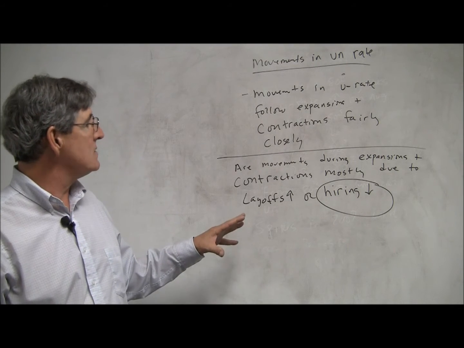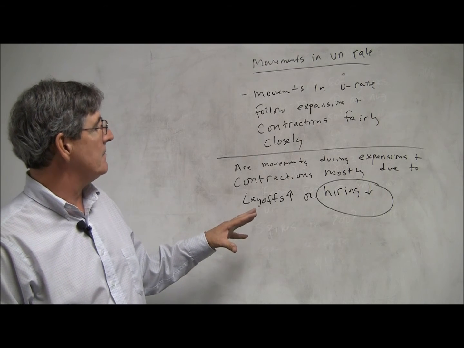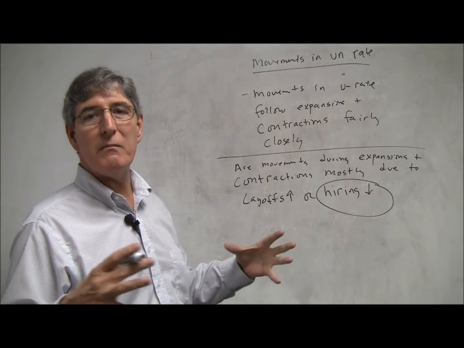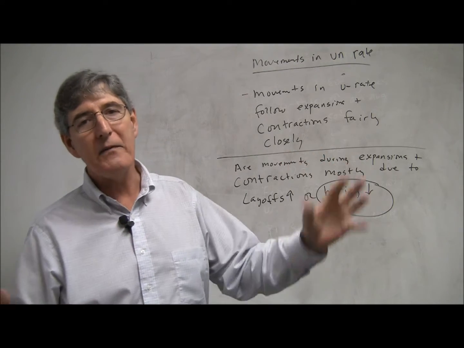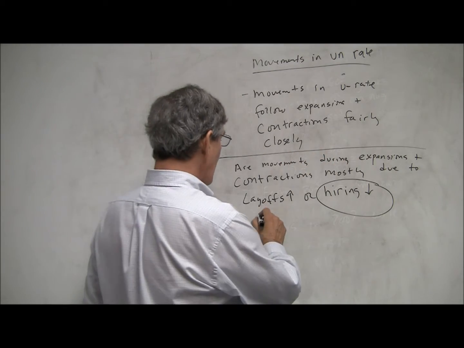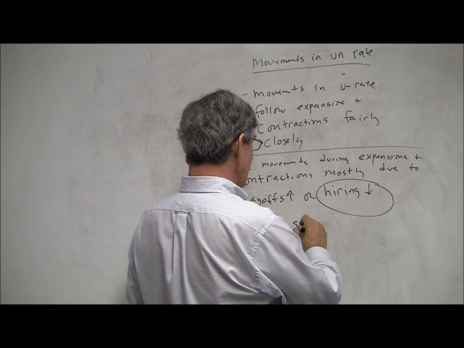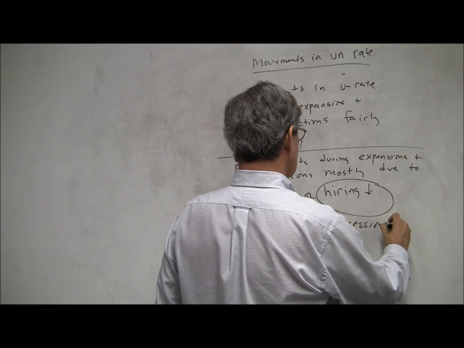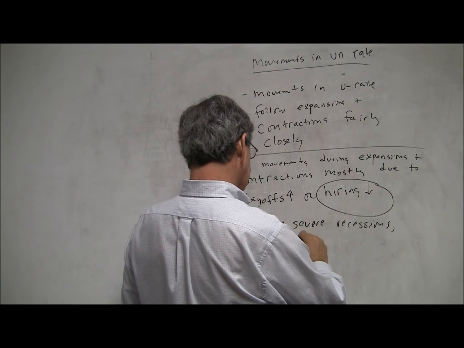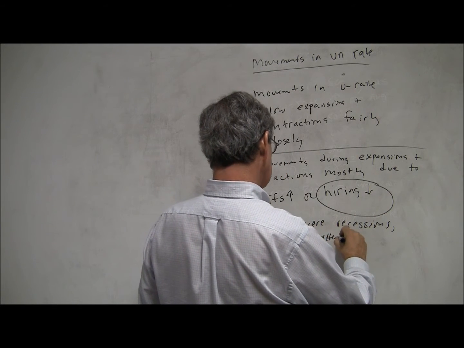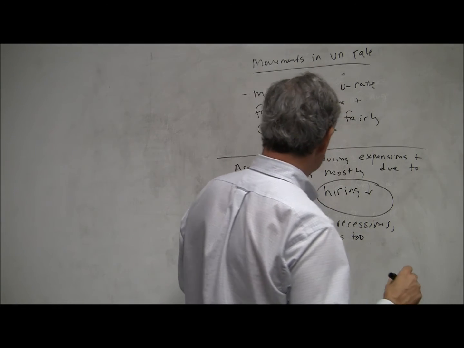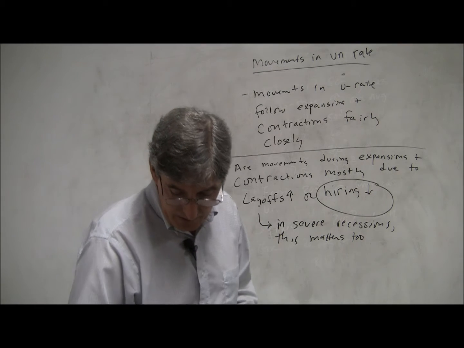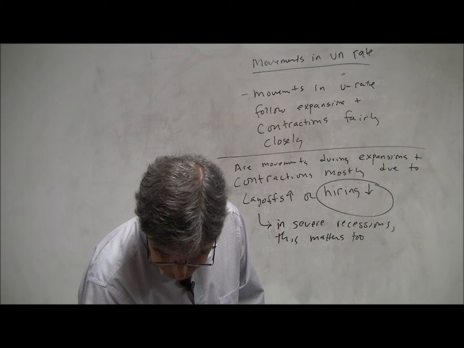So it's mostly variations in the hiring rate that cause variations in the unemployment rate. It's the uptake rate, not the rate at which you're firing people. Though in severe recessions like we just had, this matters too. But even then, hiring changes are a bigger part of the story.